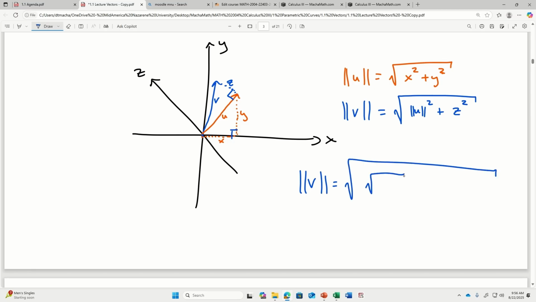And this is going to be the square root of the square root of the x component squared plus the y component squared, squared, right, plus z squared. Lastly, the square cancels out the square root, and then you end up with just the square root of the x component squared plus the y component squared plus the z component squared to get you the length of the vector I really care about in 3D space.